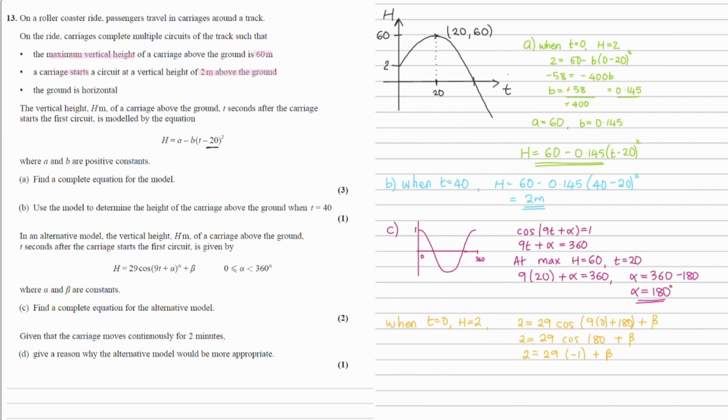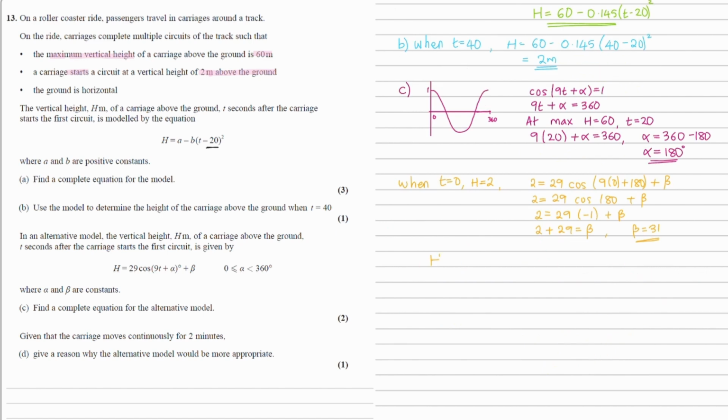So if 2 is equal to −29 + β, if we add 29 to both sides, we will get β is equal to 31. Therefore, to write a complete equation, we can write it as h = 29 cos(90t + 180) + 31.